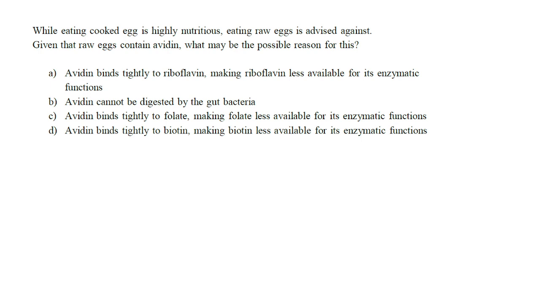While eating cooked egg is highly nutritious, eating raw egg is advised against. Given that raw eggs contain avidin, what may be the possible reason for this? Avidin binds tightly to riboflavin, making riboflavin less available for its enzymatic function. Avidin cannot be digested by the gut bacteria. Avidin binds tightly to folate, making folate less available for its enzymatic activity.